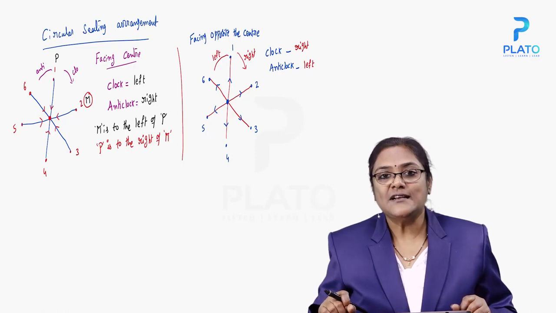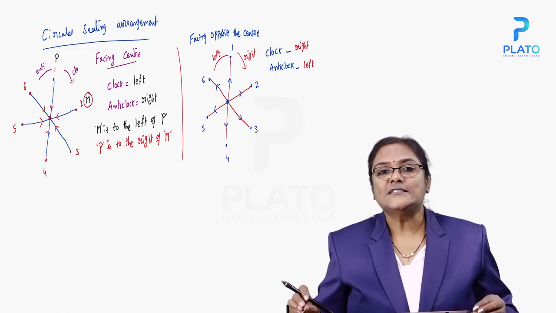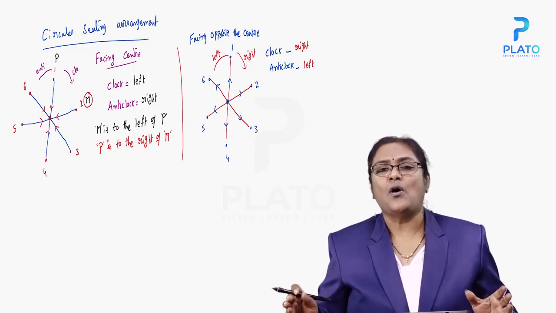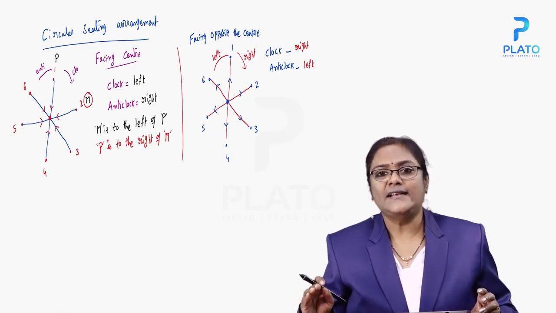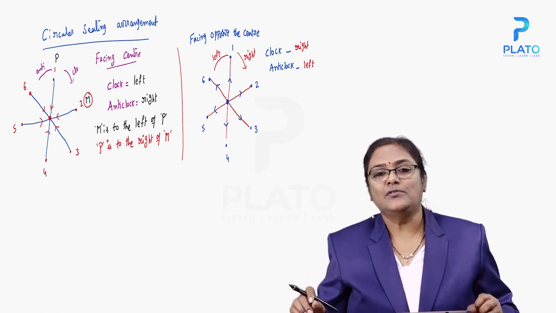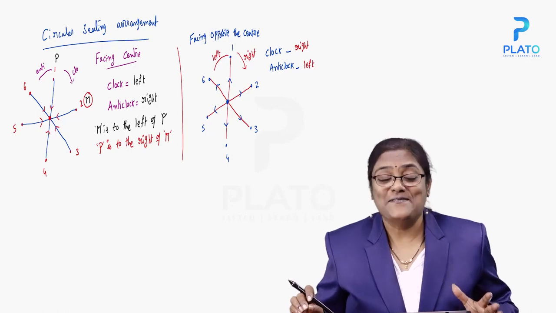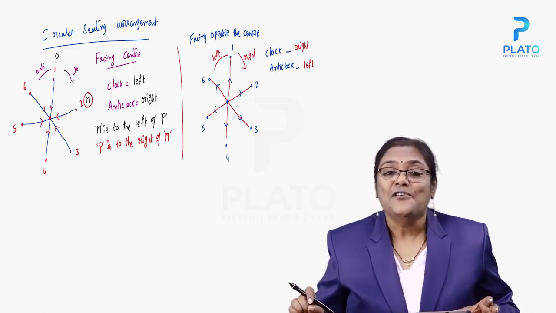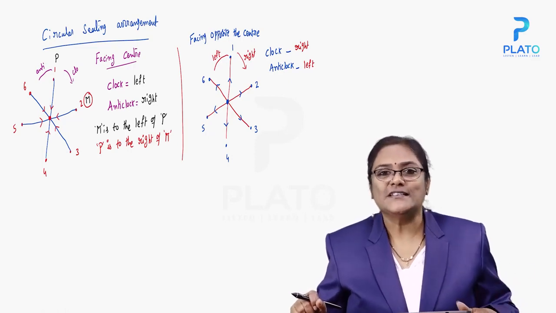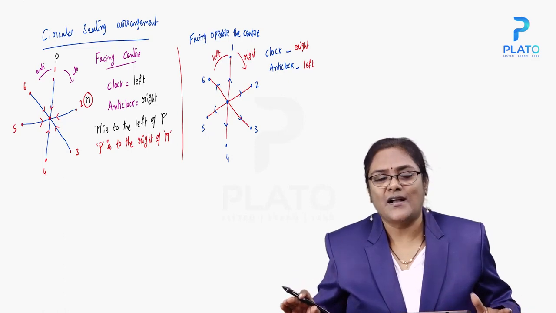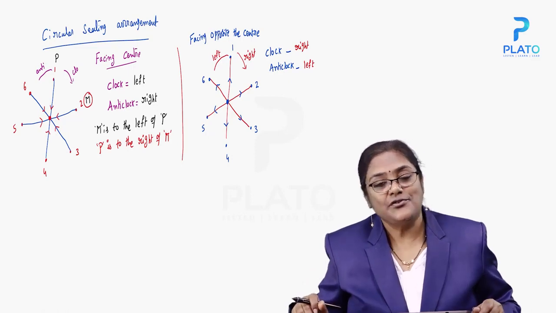Now, sometimes you will be given like 6 persons are facing opposite the center. When all the persons are facing opposite the center, as you know that clock is right, anti-clock is left. Even if you think clock left, anti-clock right, it is also not a problem. Why? Because when all the people are facing only one particular direction, only the center or only the opposite center, any information of clock and anti-clock, either from facing the center or facing opposite the center, you can take it.